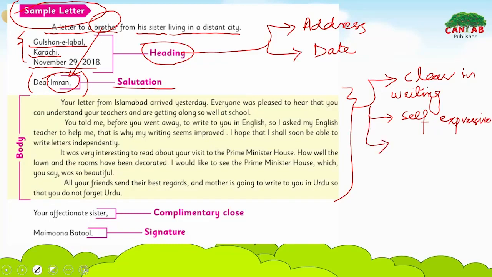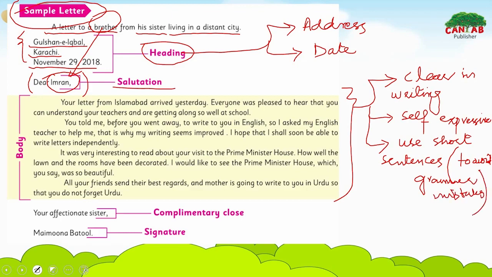The third one, you should use short sentences to avoid grammar mistakes.